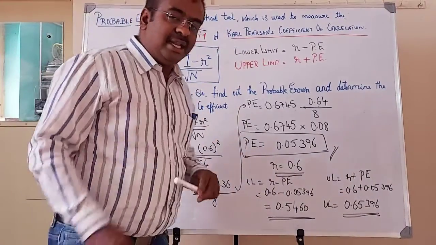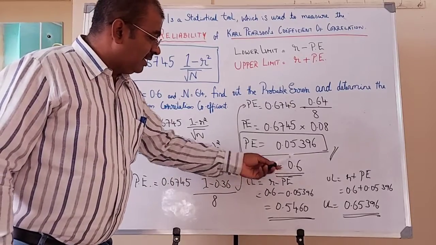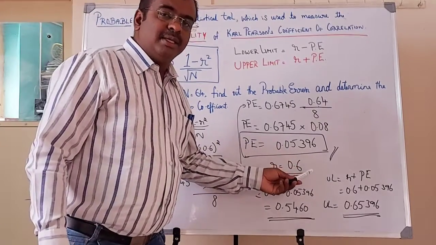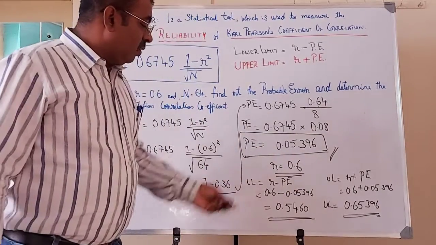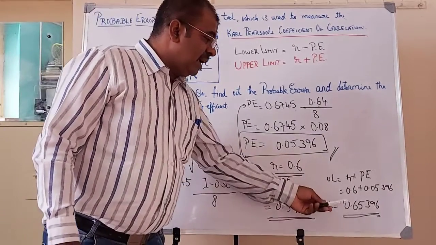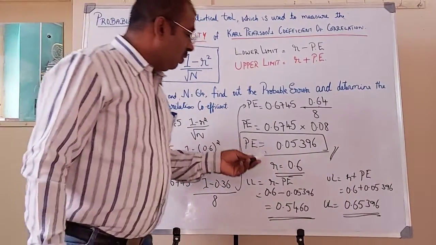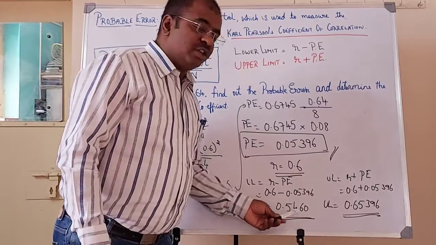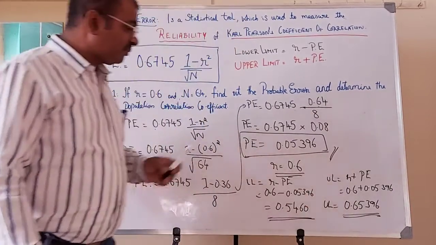So that is what it indicates. There are chances of correlation which could be either less than 0.6 or more than 0.6 within the lower limit and upper limit, which means the correlation should fall somewhere between 0.54 and 0.65.